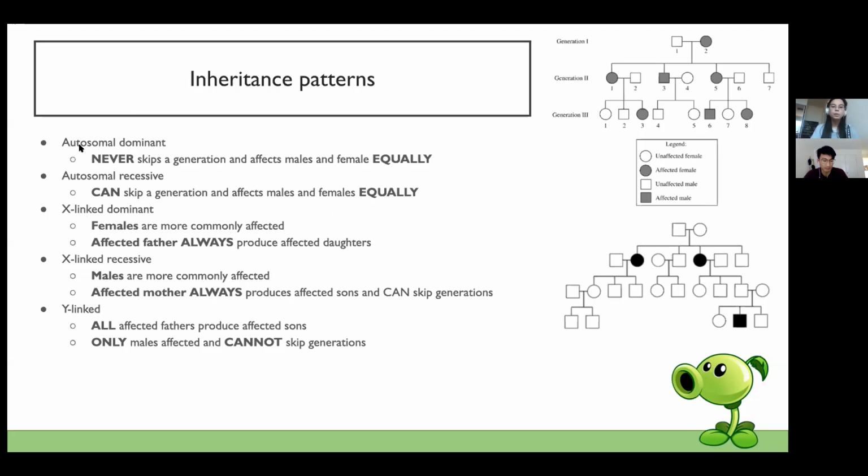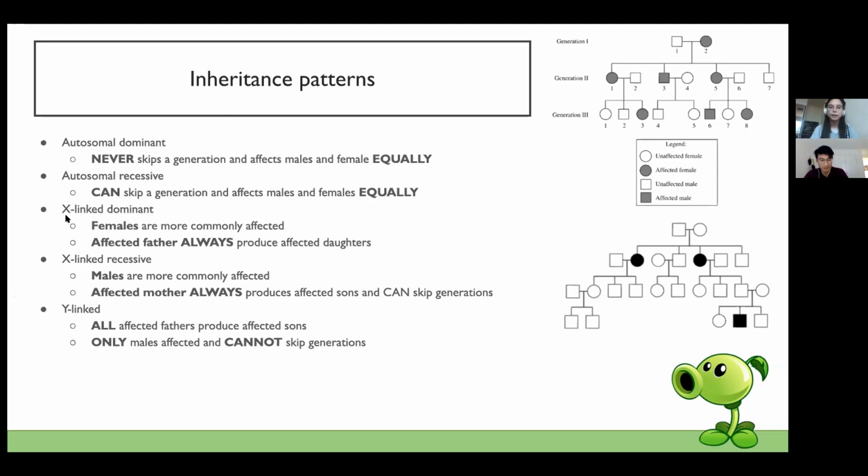Alleles on autosomal chromosomes will affect males and females equally, whereas sex chromosome linked alleles will affect one sex more than the other. So it will either affect females more or males more. Dominant alleles will never skip a generation because only one copy of that allele will give you the disease, whereas recessive alleles can skip a generation because you need both alleles, and there's a chance you can be a carrier instead of having the actual disease.